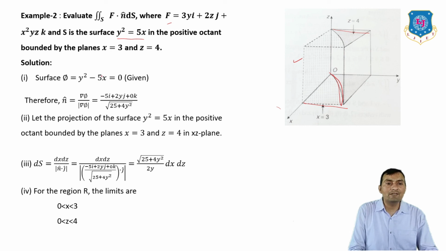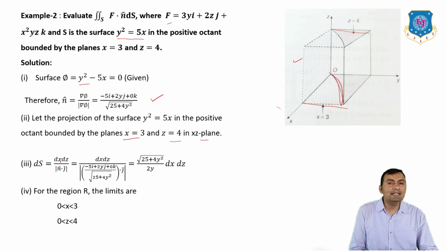So here what we are given, the surface y square minus 5x is equal to 0. So from this we can find the unit vector n cap. Now let the projection of the surface on the positive octant bounded by the planes x equal to 3 and z equal to 4 be taken in the xz plane. So we are taking the projection in the xz plane.